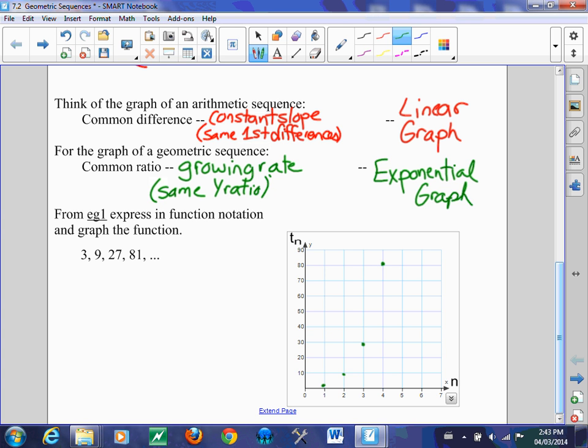Again, I'm going to draw a dotted line through the trend of my data because it is a discrete function, therefore no solid line.